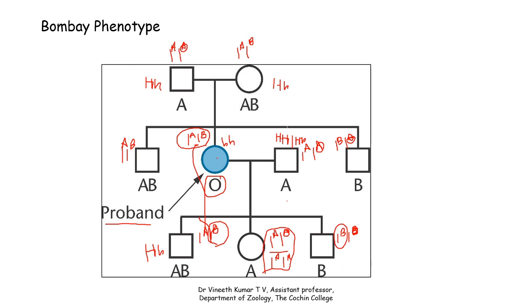After that, we discussed the routine blood testing protocol. And at the end, in this discussion, we discussed the special phenotype, the Bombay phenotype, and its inheritance pattern. So, thanks for hearing.